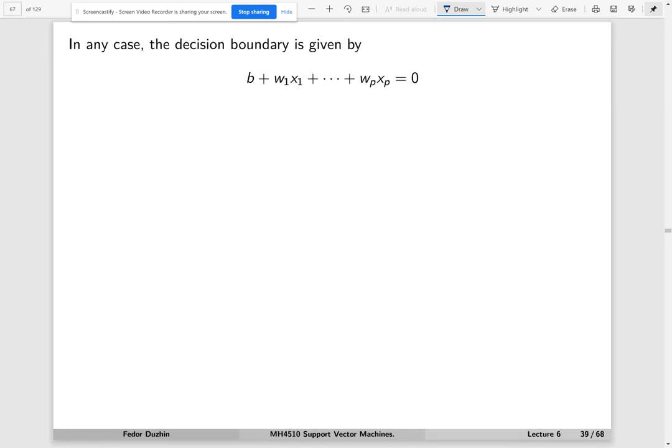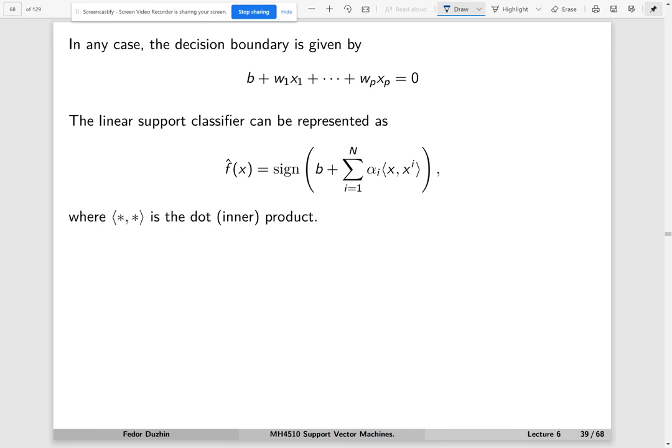All right. In any case, the decision boundary is linear, is a hyperplane, and we can represent this linear support vector classifier in this formula. So this is f hat.